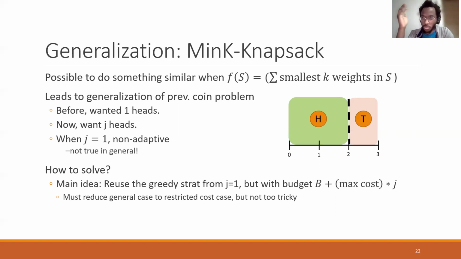When j equals 1, you'll remember the problem setting is essentially non-adaptive. But when j is not equal to 1, this is not true in general. So don't be deceived. You likely need adaptivity to solve this.